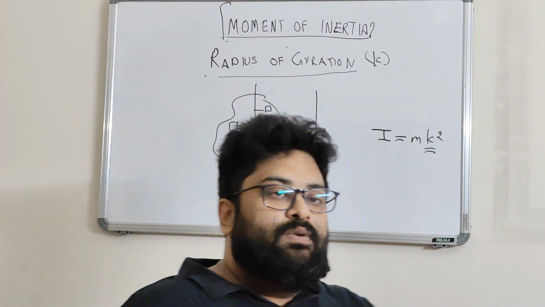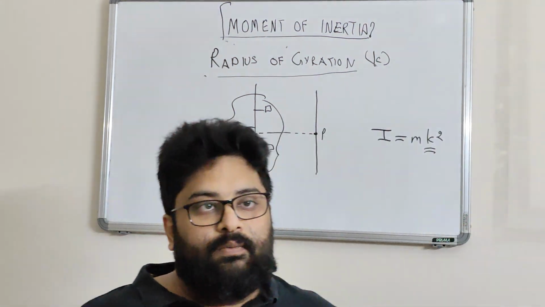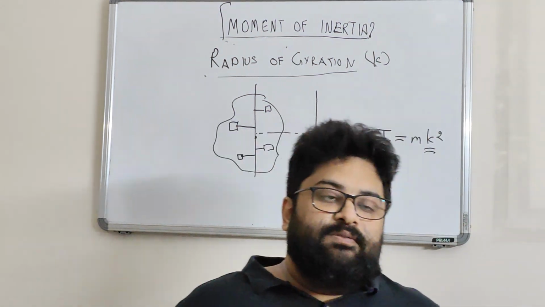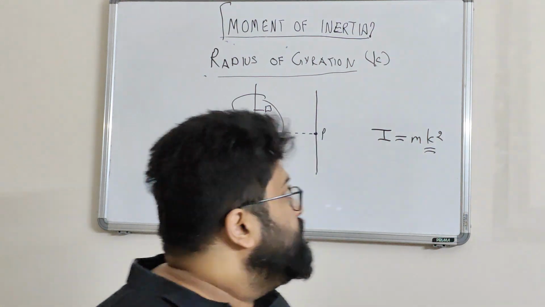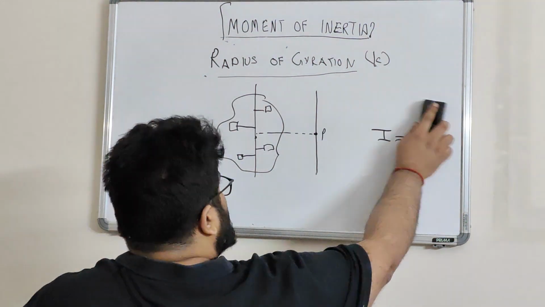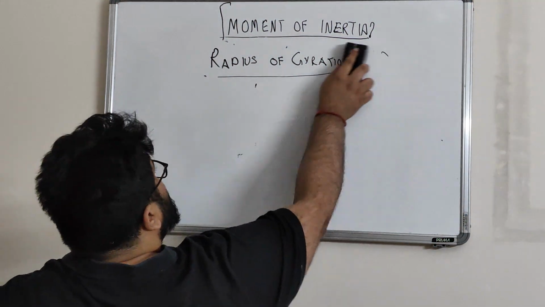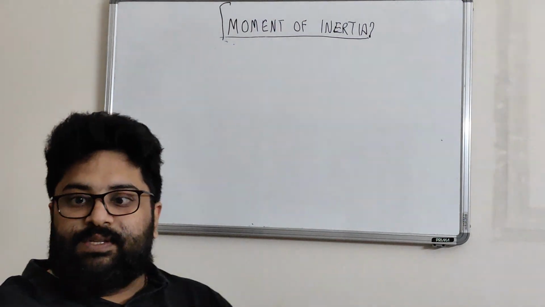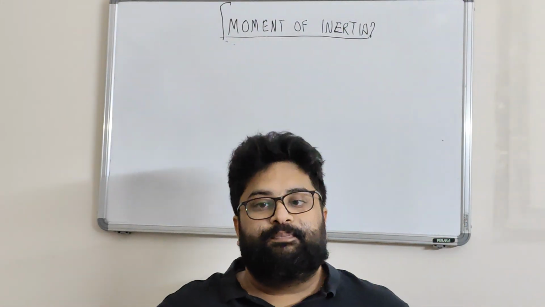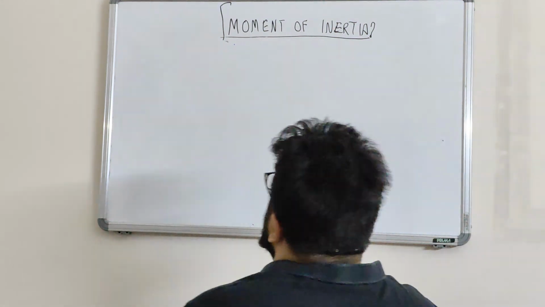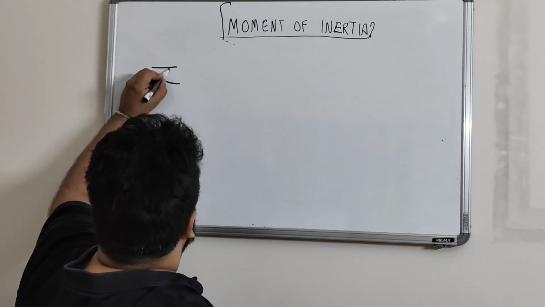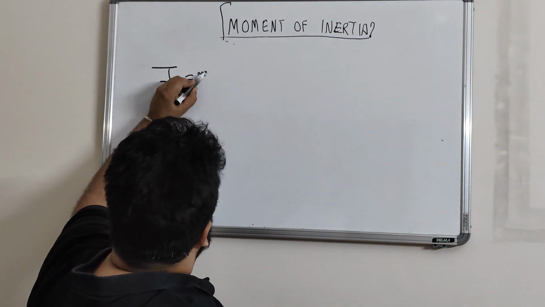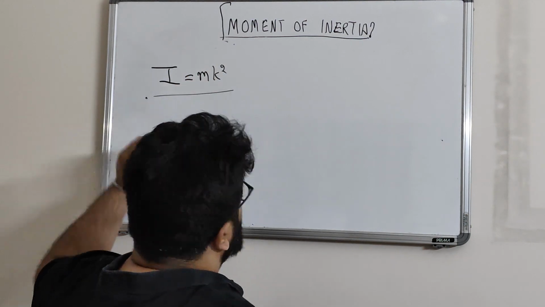It's irrespective of what kind of body we are talking about, which shape it is, whether it's 1D or 2D or 3D, alright? This is very important. So all of this converges down to this, right? Now you remember this formula. This moment of inertia is equal to mk square.